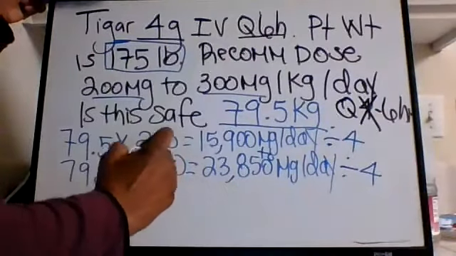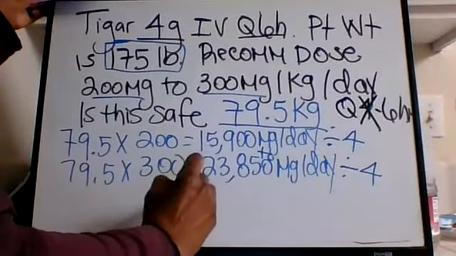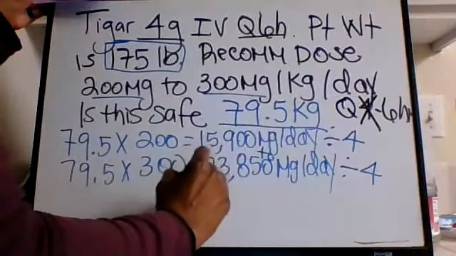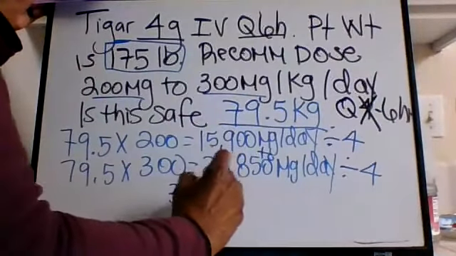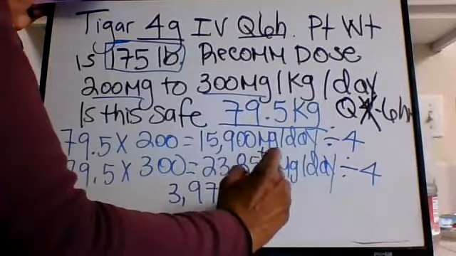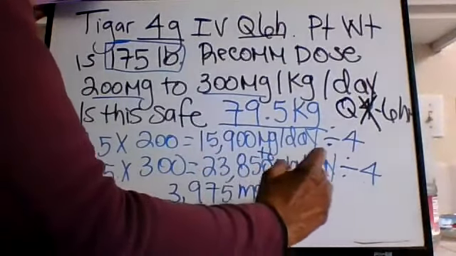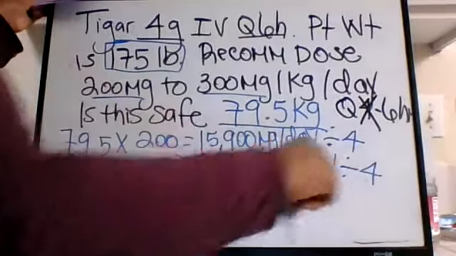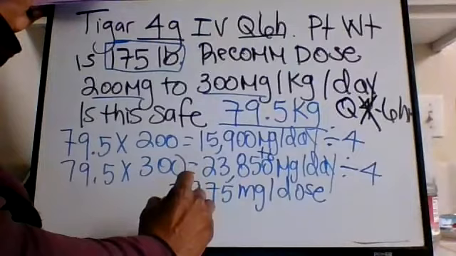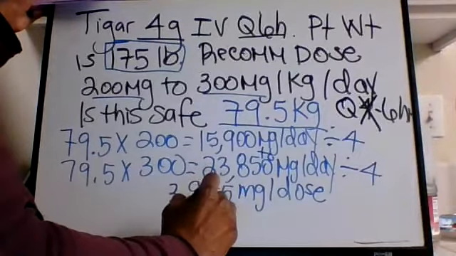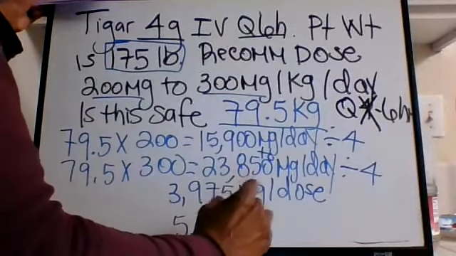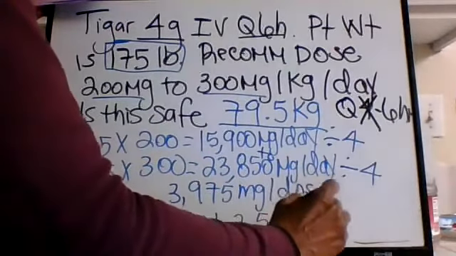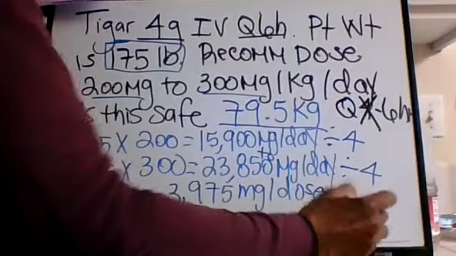And then we come up with 3,975 milligrams per dose. Then we divide the 23,850 by 4, and we come up with 5,962.5 milligrams per dose. Okay.